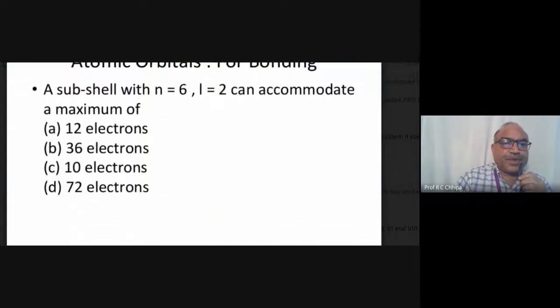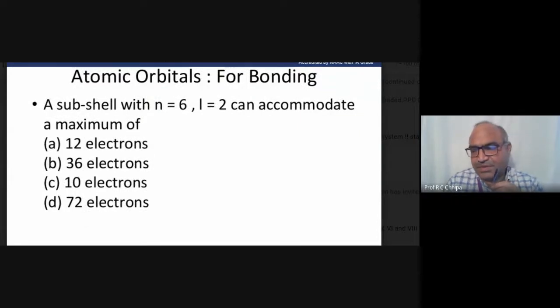Now, these are the questions. Subshell, quantum numbers: principal, azimuthal, magnetic, spin. In a subshell where n is equal to 6, that is the sixth period in the periodic table, and one more is the azimuthal quantum number.